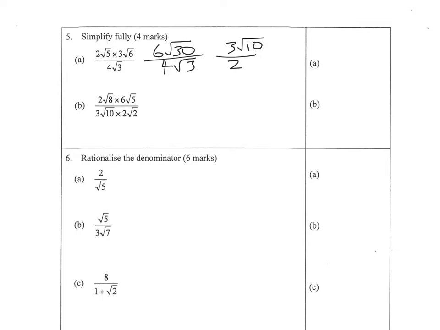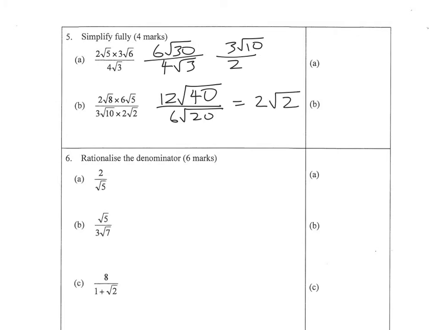Okay, B. 2 sixes are 12. 8 by 5 is 40. Now that can be simplified, but we'll wait. 3 twos at the bottom are 6. 10 twos are 20. 12 divided by 6 is 2. 40 divided by 20 is 2.